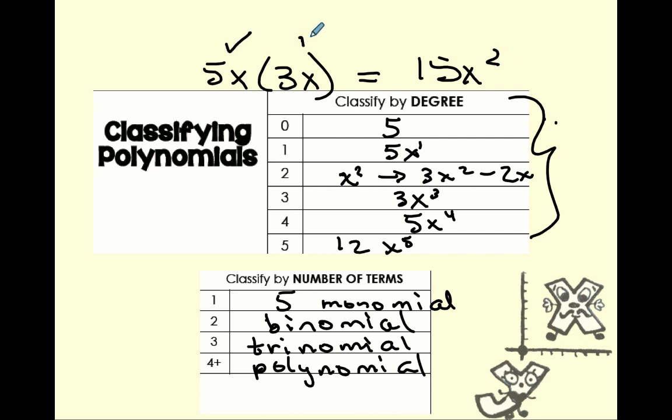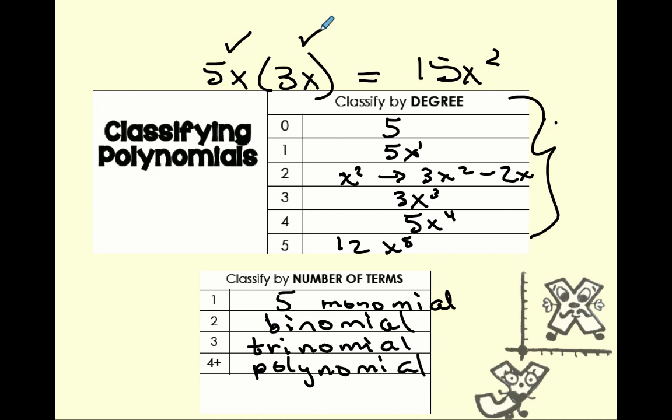Just like with our rules of exponents, x to the first times x to the first gives us x squared. If a polynomial is not in standard form and it's being multiplied, we can simply add the degrees of each factor to get the degree of our polynomial.